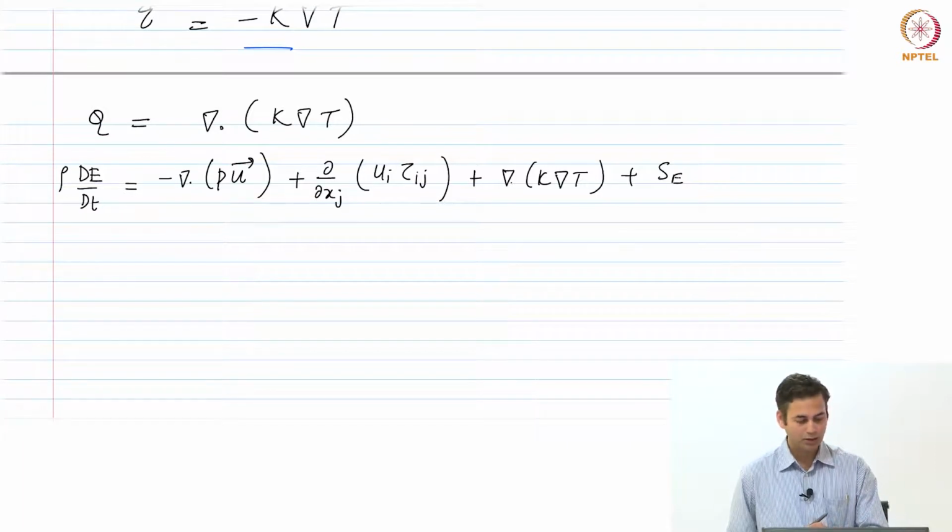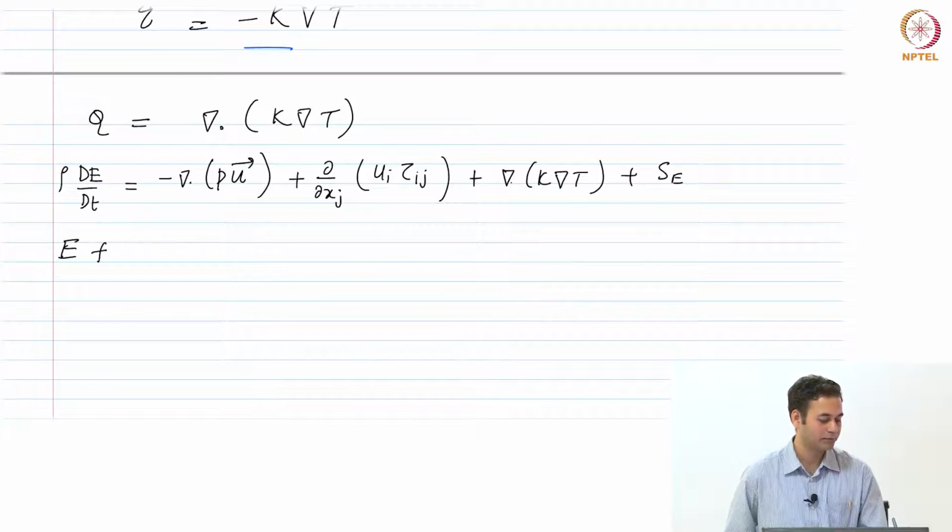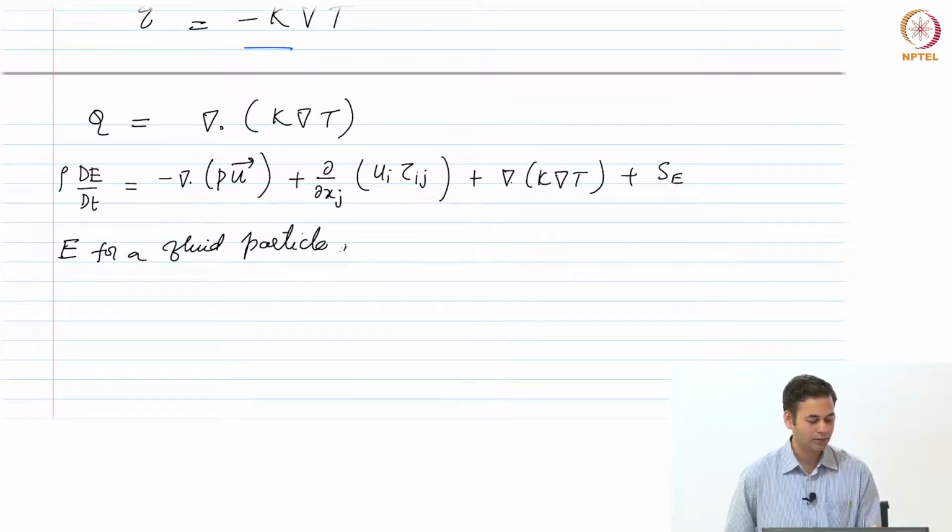All right. Now, what is this energy that we have for a fluid particle? What does it contain? E, the total energy for a fluid particle, is a summation of internal energy, which we usually represent in thermodynamics with U, but here we already have u as well as u bar, okay.